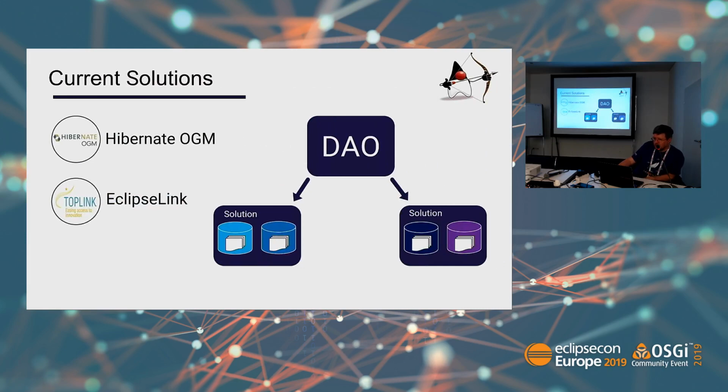Current solutions, as already mentioned, Hibernate has an OGM module, which applies JPA more or less and allows to use it on top of common NoSQL systems. And Eclipse Link, formerly TopLink, also has a NoSQL module. Although I believe that's also been around for a while, and from what I read, you actually need to use the Java connector architecture.